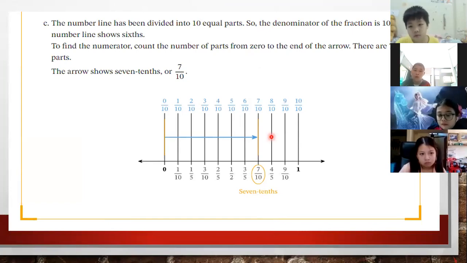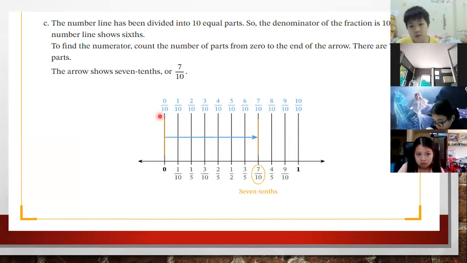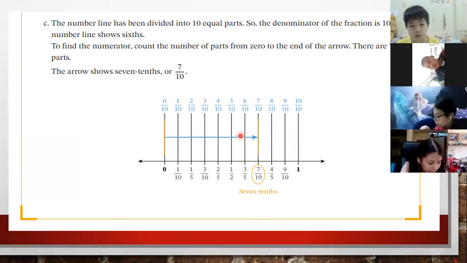Okay, this is again the same number line from 0 to 1, but how many equal parts is it divided into? This number line from 0 to 1 is divided into how many equal parts? 10.